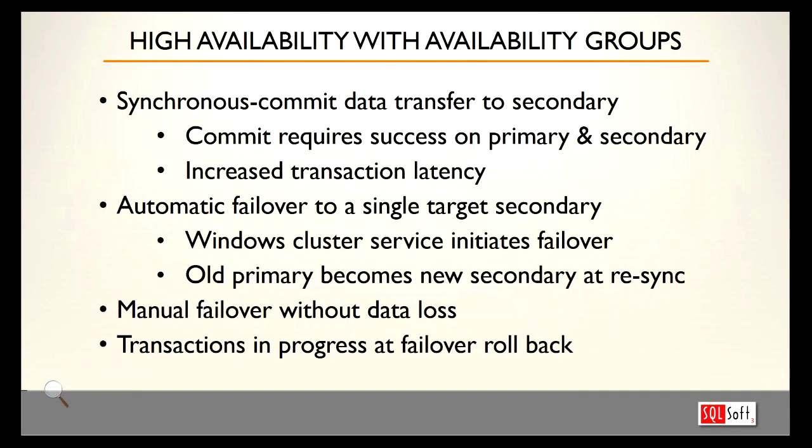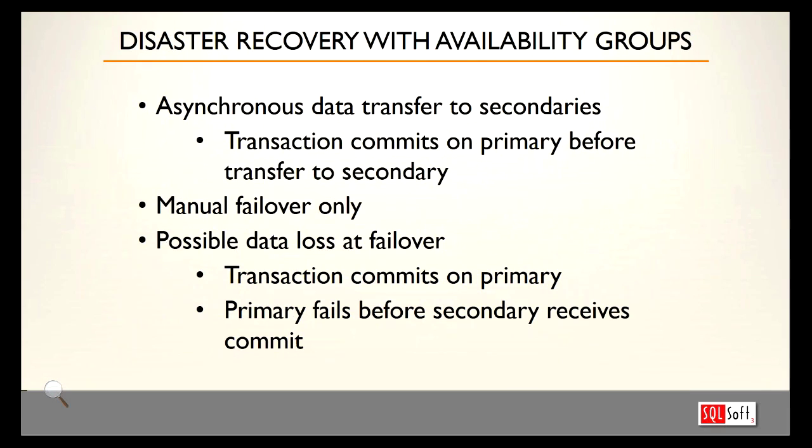Let's distinguish that from disaster recovery. With disaster recovery, we have secondary servers that are not hot standbys, they're warm standbys. We are asynchronously transferring data to the secondary replicas, which means that the transaction commits on the primary, and it commits in all places, but the transaction is committed before we transfer it to the secondary replicas for which we have asynchronous transfer set up.